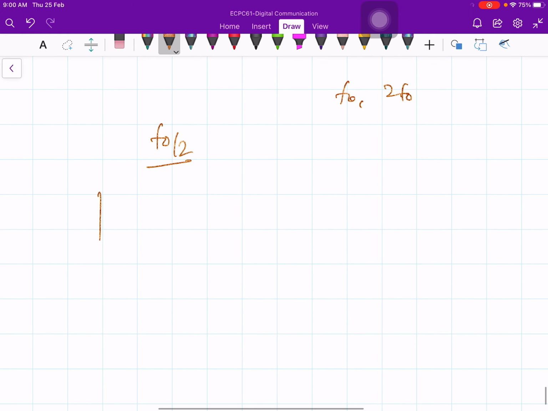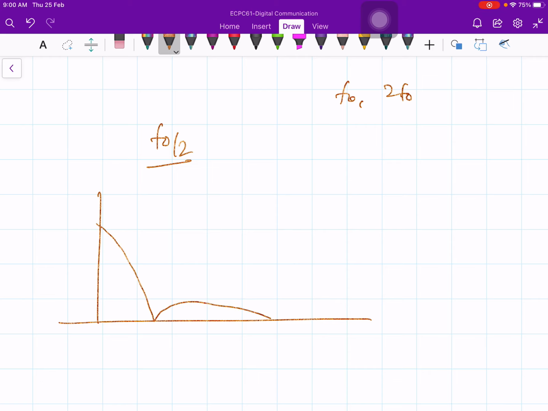Now let me plot the duo binary signal. So the duo binary signal comes like this. Okay, and this is f0 by 2 and this is f0. If you take bipolar, then let's say this is 3f0 by 2 and this is f0. This is duo binary.